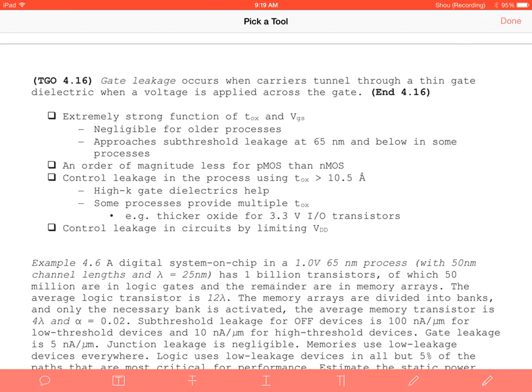So it's a strong function of the thickness of the oxide and the gate source voltage. It's an order of magnitude less for PMOS than NMOS, which is another benefit of using NAND gates. As we'll see a little later in the course when we start synthesizing, NAND gates will be a strong decider for the circuits that we choose. You had a little bit of an allusion to it already in your take-home exam.